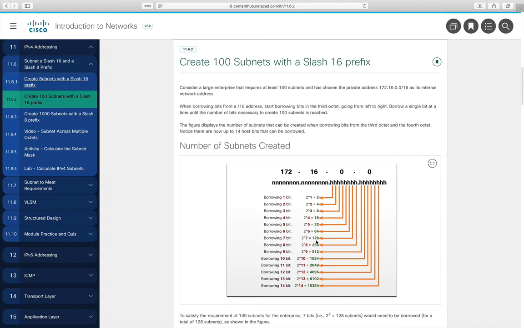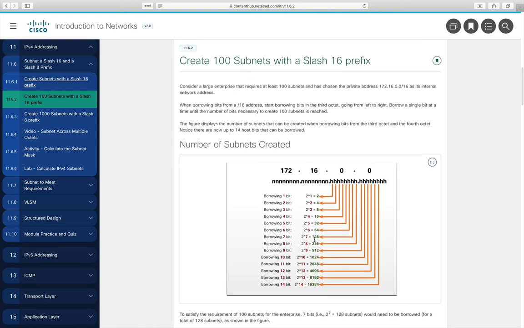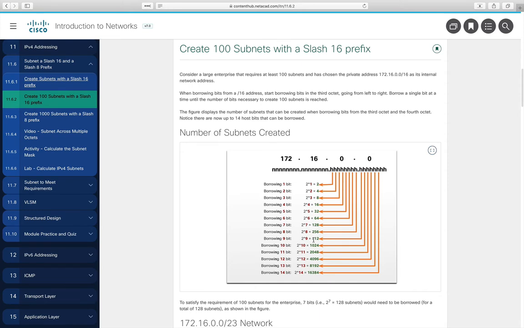And again, we want just the bare minimum number of subnets so that we have the largest subnets possible. Since n is 7, that means we're going to need to borrow 7 of the host bits. And when we borrow 7 bits, we add those bits to the network portion of the address.